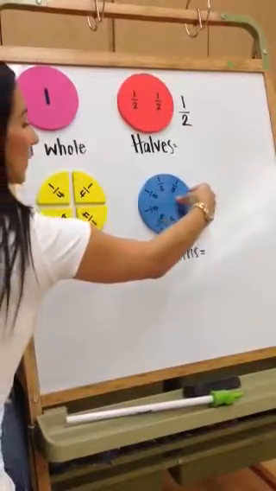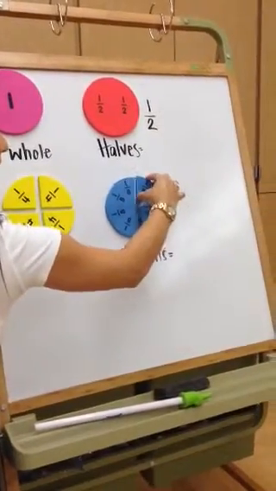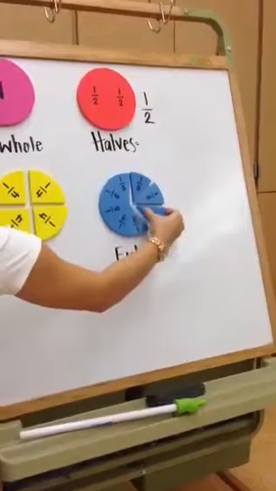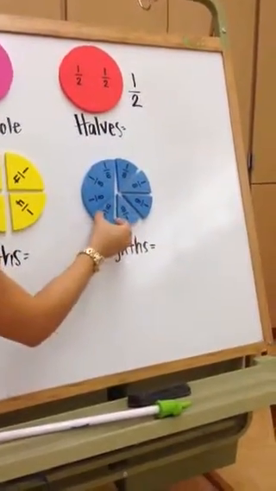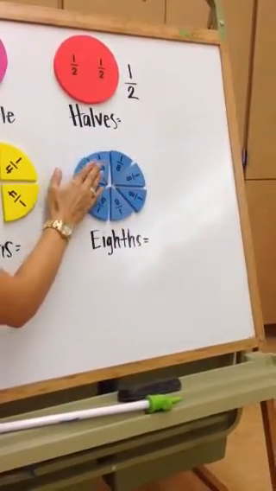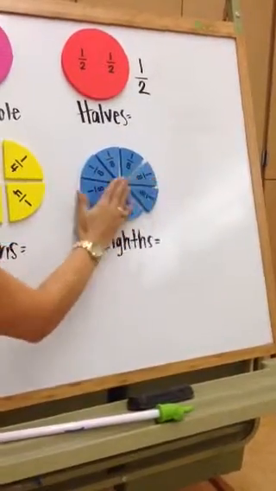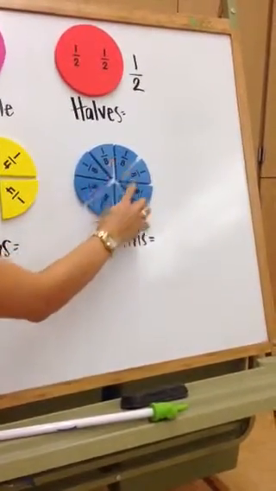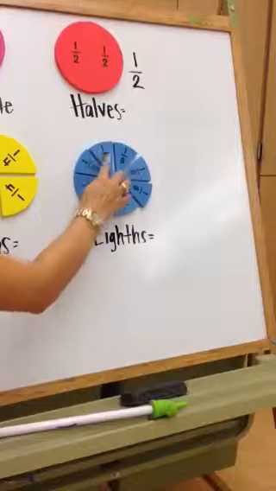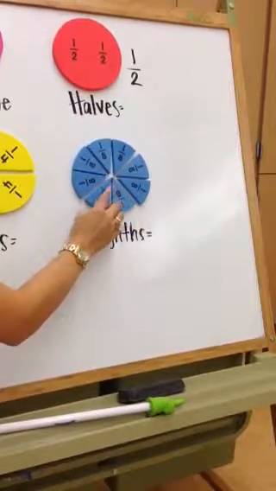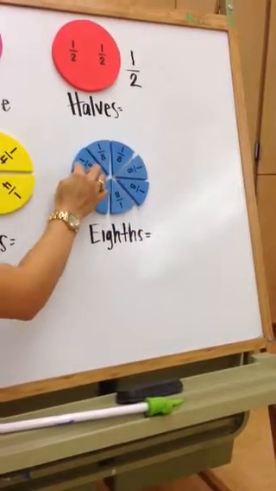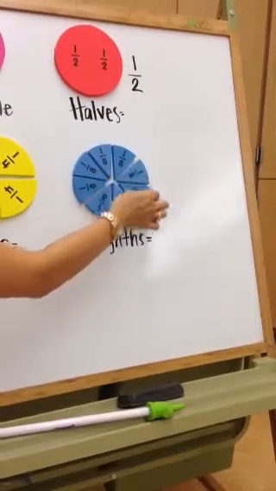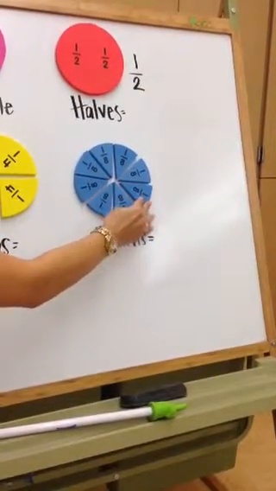Then we move on to eighths. This whole is cut or divided into 8 equal parts, as you can see. Again, the denominator here is 8 because there are 8 equal parts, and then the 1 represents each part or each piece of the whole.